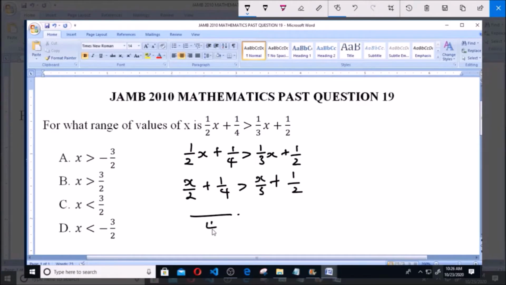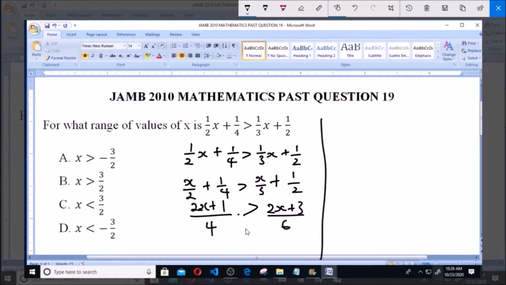The LCM of this side will be 4. 2 into 4 gives 2, times x gives 2x, plus 4 into 4 is 1, times 1 gives 1, is greater than. Now the LCM of this other side is 6. 3 into 6 is 2, multiplied by x gives 2x, plus 2 into 6 is 3, multiplied by 1 gives 3.